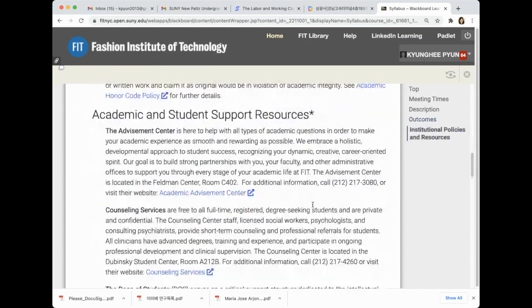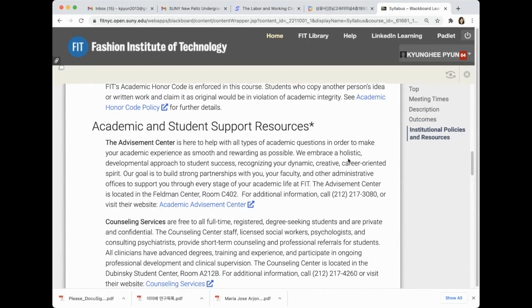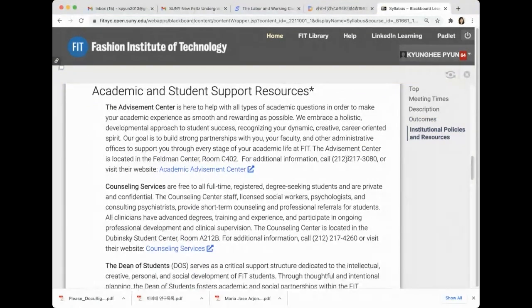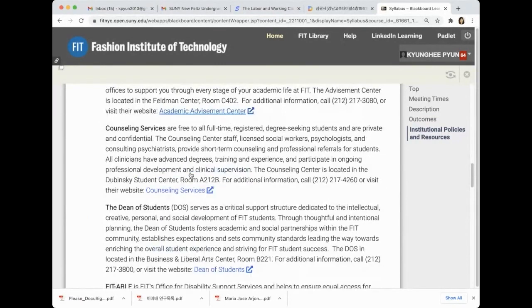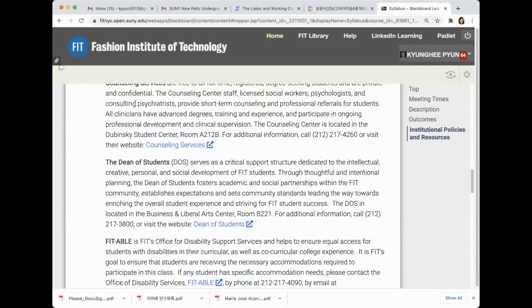So this is the digital syllabus, and then the academic honors code, right? You don't use other people's words without citing. And support systems: academic advisement center, counseling. Feel free to use counseling. We all suffer from some psychological isolation.